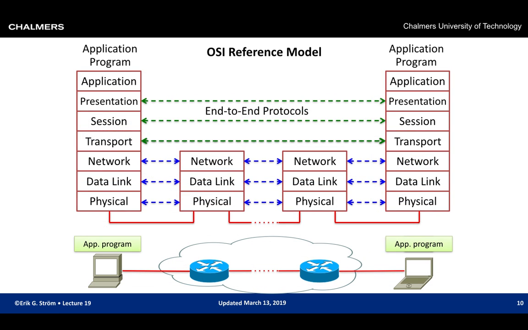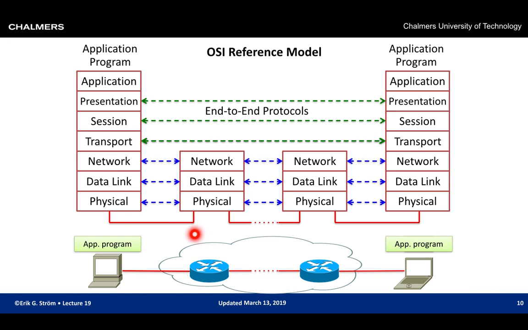Okay, and then we have these reference models. We have the OSI model. Again, we have the top three, which are typically bunched together into the application layer. And then we have the transport layer, and then network, data link, and physical. And here we have now introduced two end nodes, one here and one here, and then some network in between with routers, switches, whatever, right? A bunch of different things.